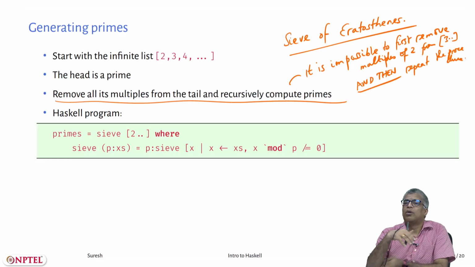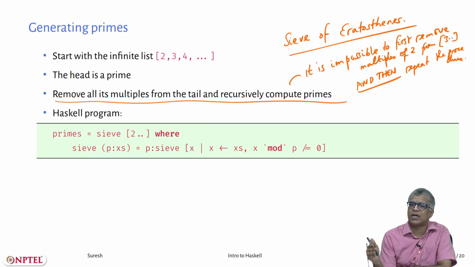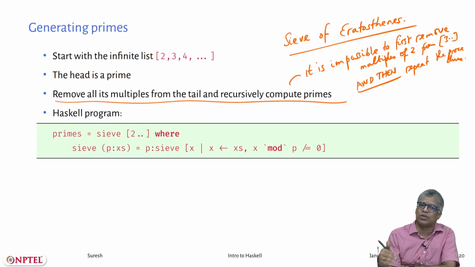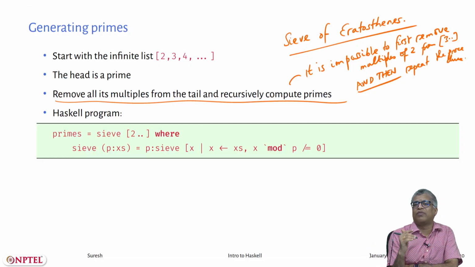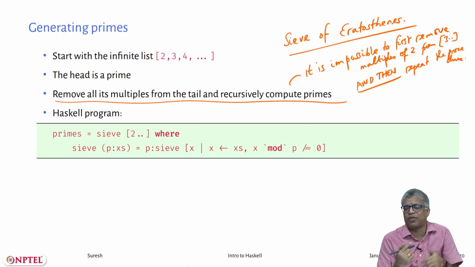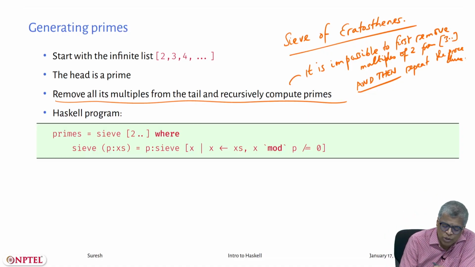Removing multiples of 2 from 3 dot dot means removing all multiples, which is an infinite task. You can't do all that and then do this thing. But the point is, Haskell will interleave this kind of computation. So let us look at the Haskell program.